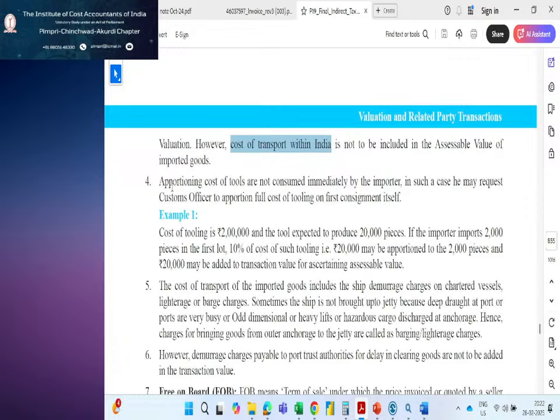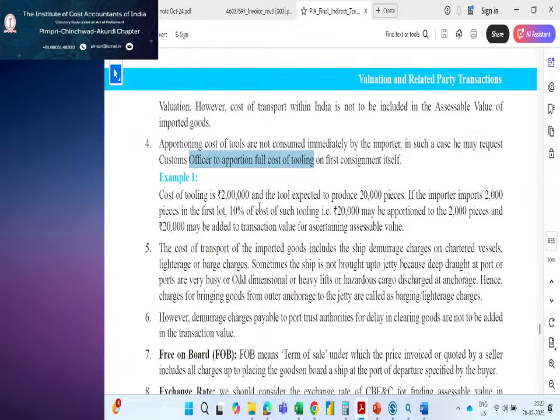Then apportioning the cost of tools not consumed immediately by the importer. He may request to apportion the full cost of tooling on the first consignment itself. So what is that apportioning cost of tools?